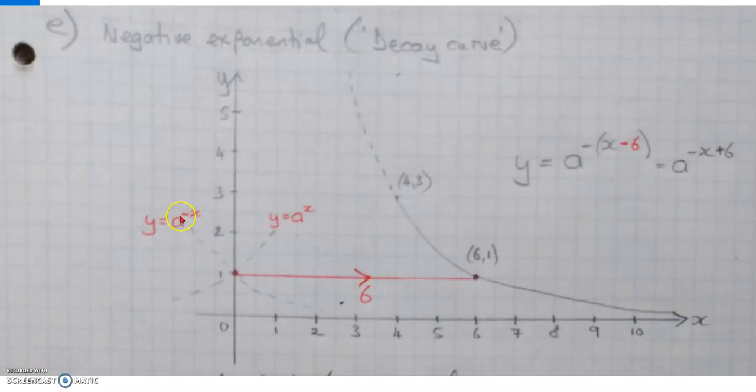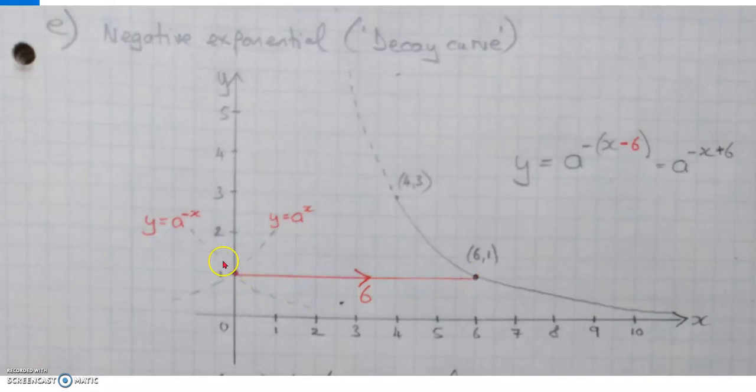If an exponential is doing something like this, then we call that a decay curve or a negative exponential. Now, the reason I'm showing you this one is because the one they've given us that starts there and goes off like that is a negative exponential. It's one of these that's been shifted along 6 units in the positive x direction.